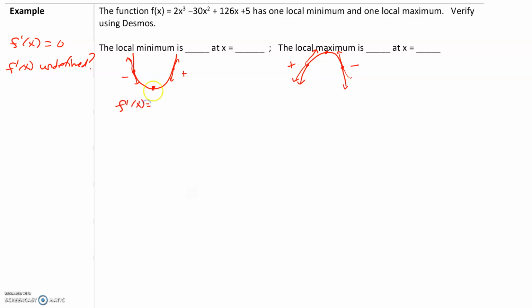So f prime of x, 3 times 2 is going to be 6x squared minus 60x plus 126. This cannot be undefined because we're not dividing by a variable at any point. So we can set our first derivative equal to 0.